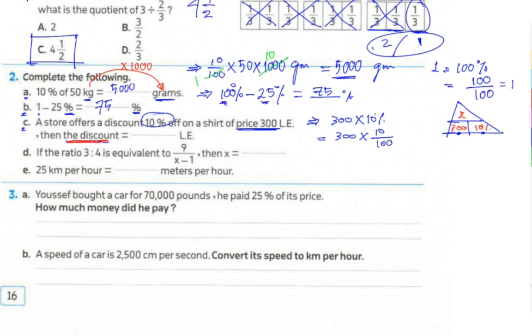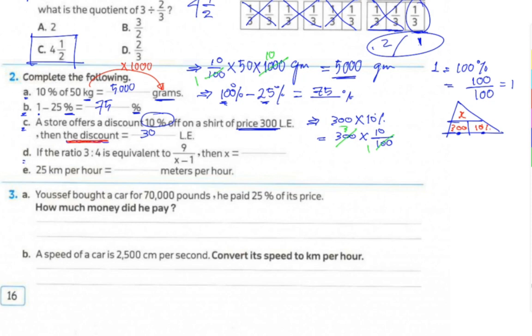I can simplify with the 100. Well, 300 over 100 equals 3. That means I have 3 times 10 over 1. Over 1, I can neglect this 1. And 3 times 10, that equals 30. So the discount equals 30 LE.